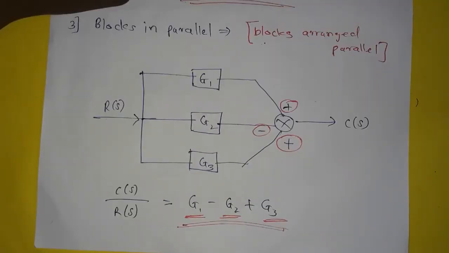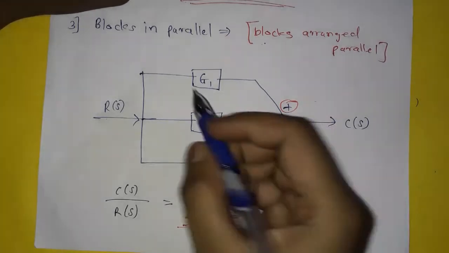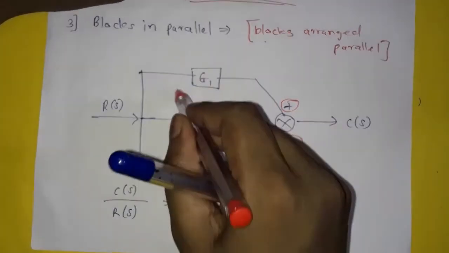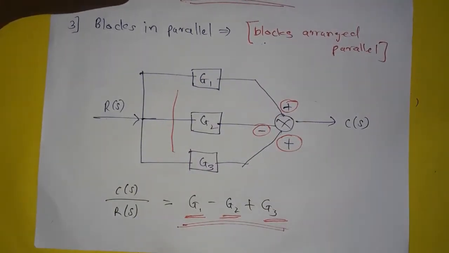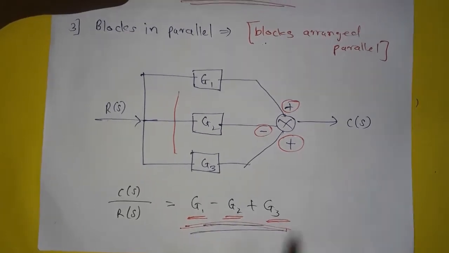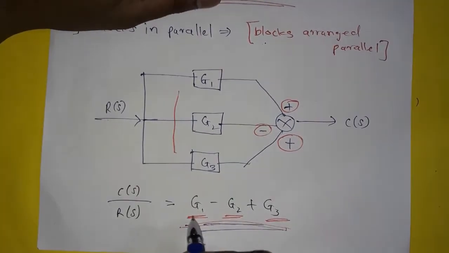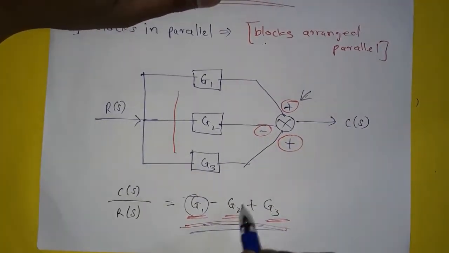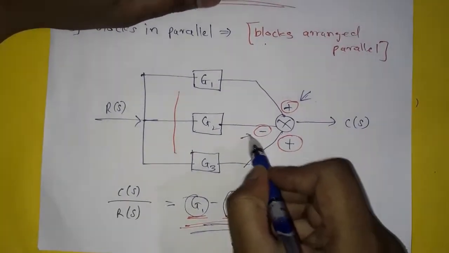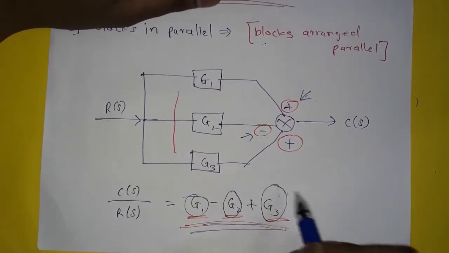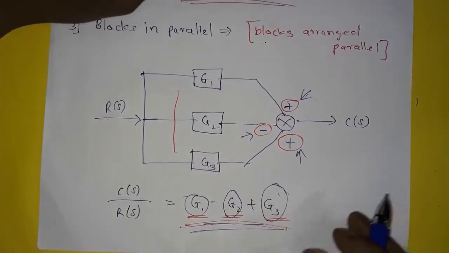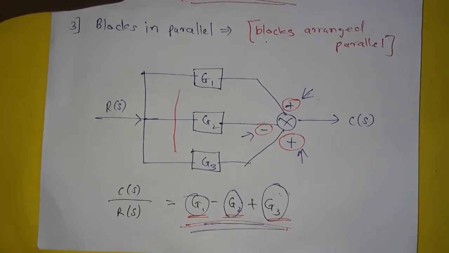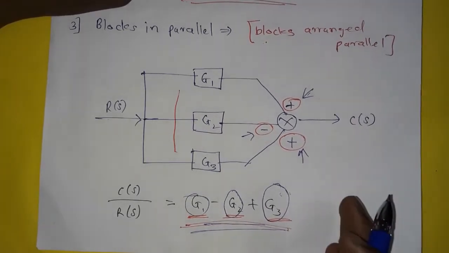In blocks in parallel rule, we add or subtract the blocks arranged in parallel like this. Here the sign of the G1 is plus, sign of the G2 is minus, and sign of the G3 is plus. This is called as blocks in parallel rule.